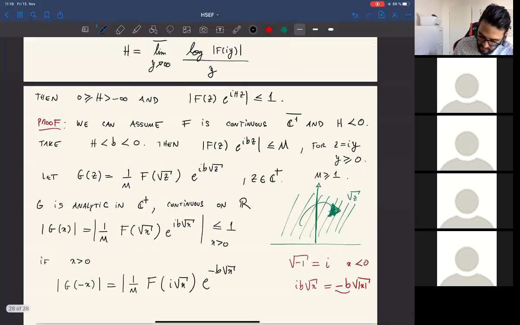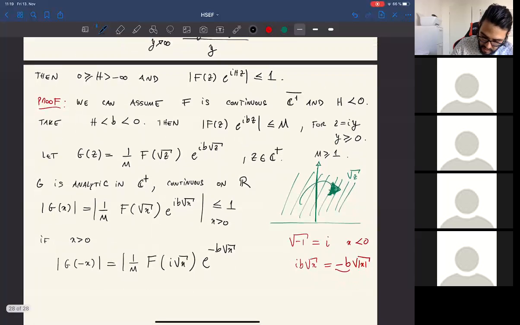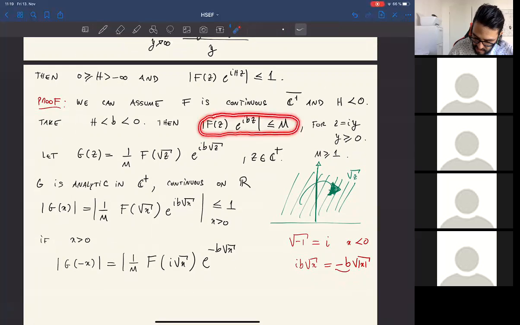And then we have to take a look at what's going on here. So if I put z equals iy here, I get exactly iy in here and minus by in here.